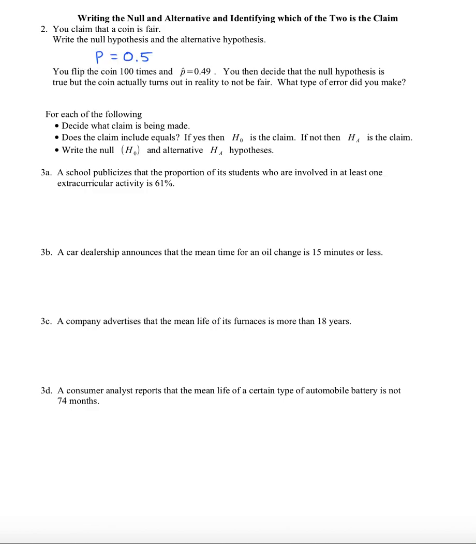P equals 0.5 would be the correct translation. This says that the probability of success for the coin is 1/2, which would be a fair coin. Once you write the claim down, you should put the word claim next to it as a guide for yourself so that you know where it came from.